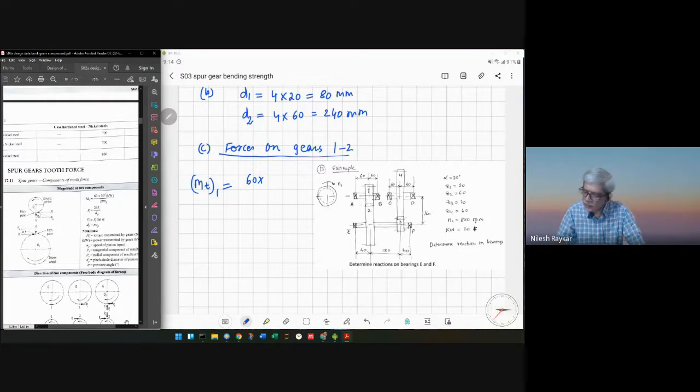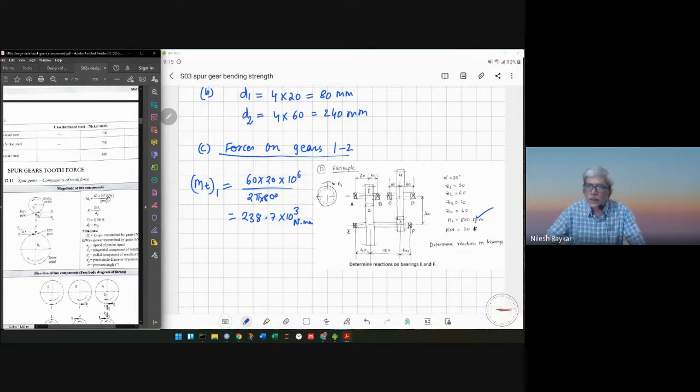So kilowatt is given as 20. So 20 kilowatt into 10 to the power 6. I'm just using this formula which you see on the left hand side, divided by 2 pi into the speed of that particular gear. So speed has been given as 800 RPM, into 800. So this will give us 238.7 into 10 to the power 3 Newton millimeters.